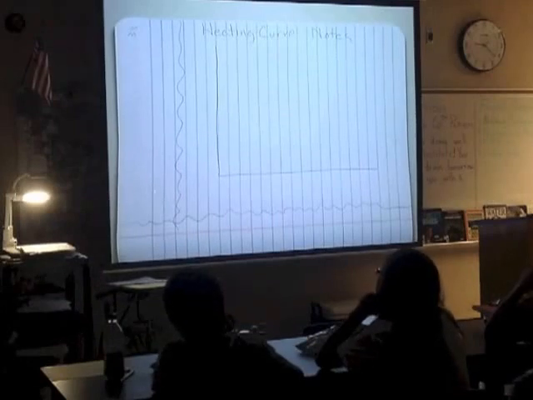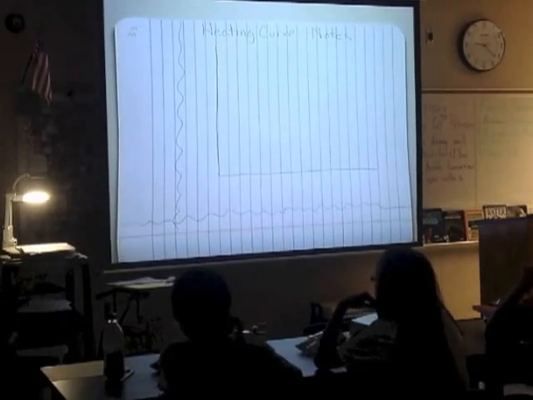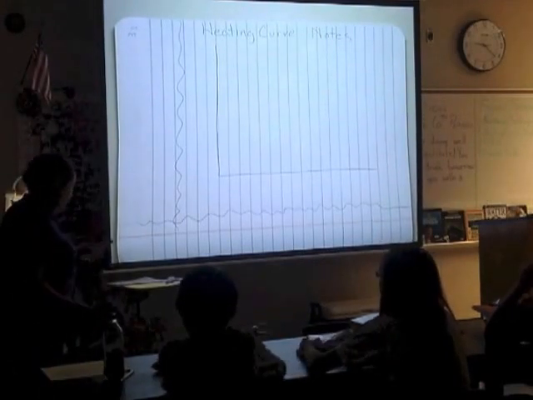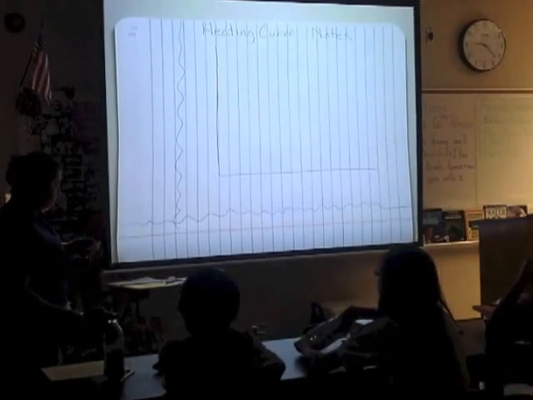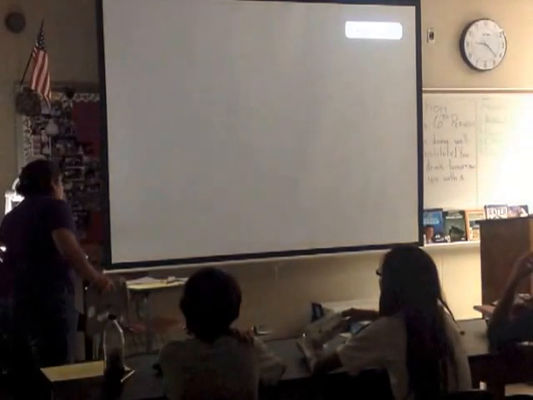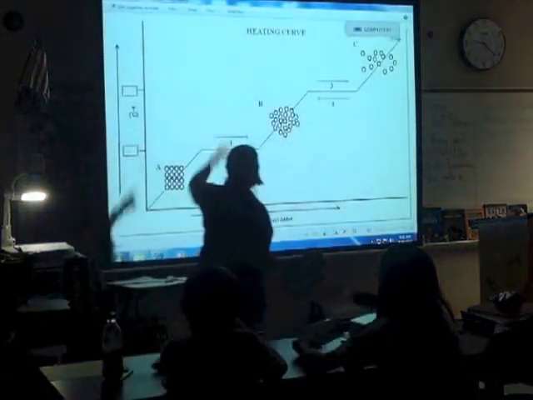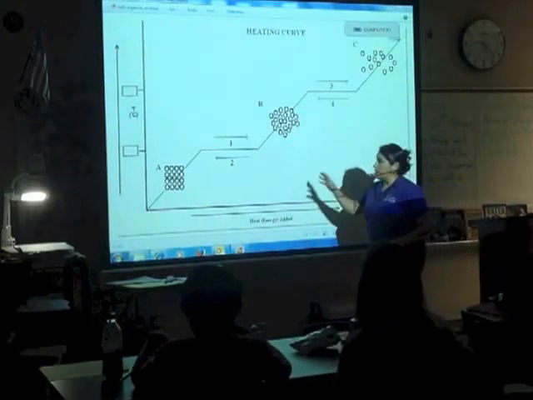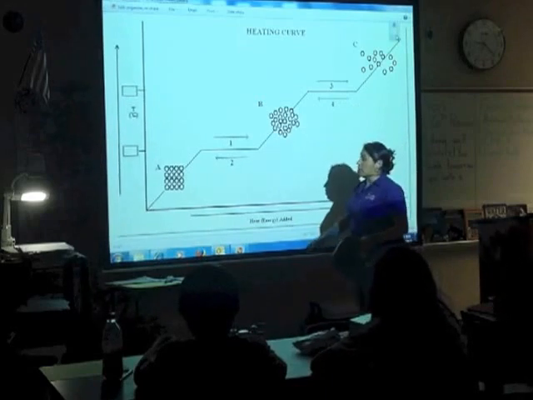In this case, these notes really do need to be copied exactly like I have them because it is a graph. Basically you're copying a graph, so you want to copy everything that's on the overhead. You have the X and Y axis already drawn, right? So go ahead and copy what I have here.